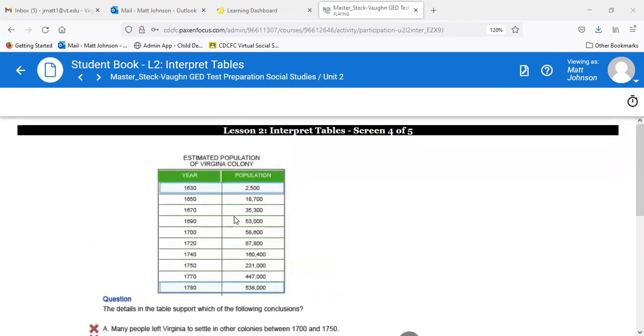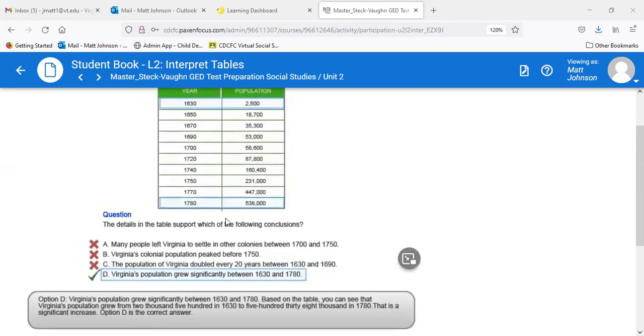So basically, a lot of it is going to be a process of elimination, and always not making assumptions about what the table says, because some of those, if you look at them, sort of make sense, but we don't have that information in the table. So you have to be very careful with looking at those answers and seeing, does that actually say that in the table.